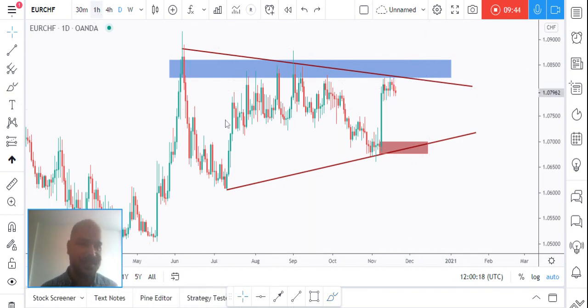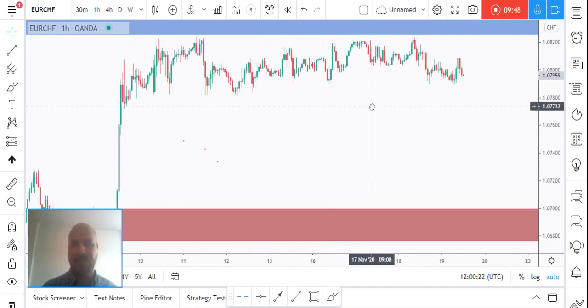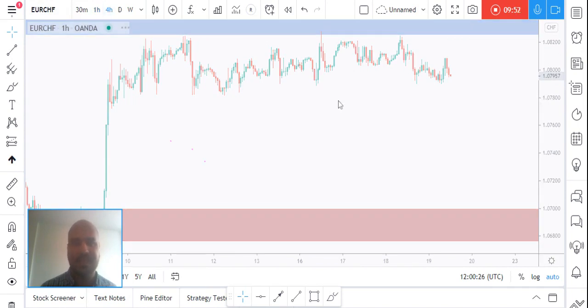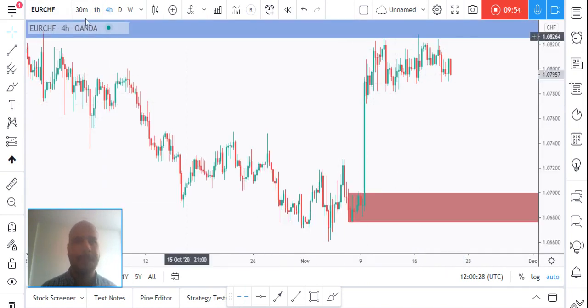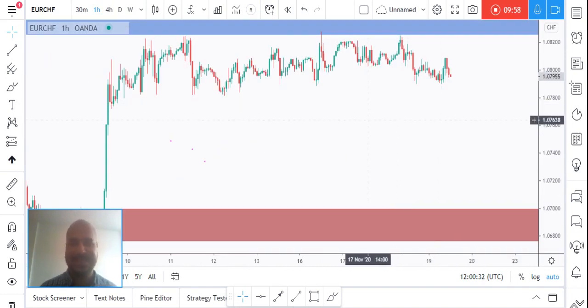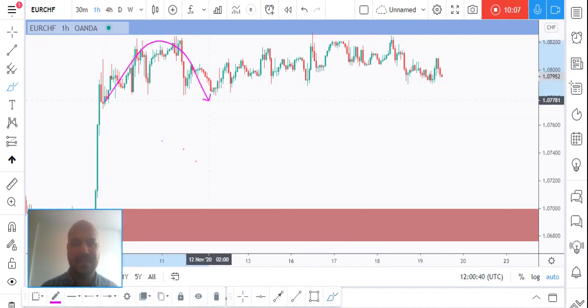So let's zoom in to lower time frames and look for potential sell setups. Here we go. As you can see from H1, or we can even start from H4 time frame, but let's make it a little bit quicker, as it's already been 10 minutes. So from H1 time frame, we can see that price is currently stuck inside this range.